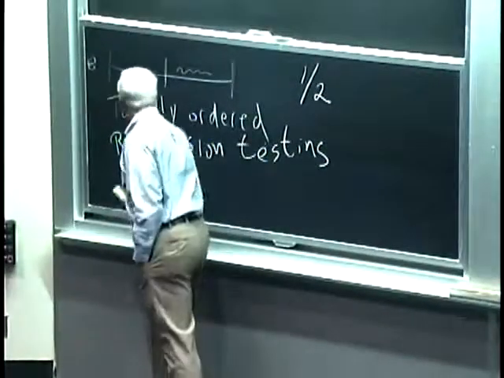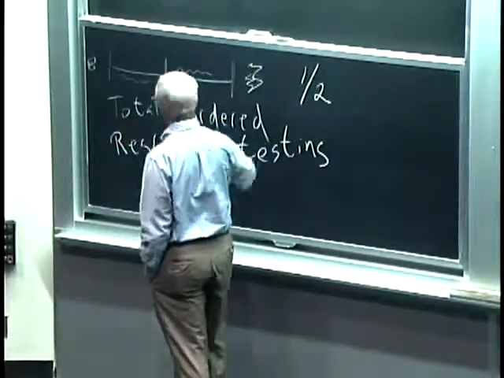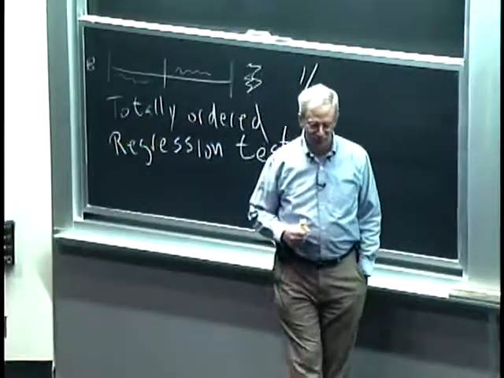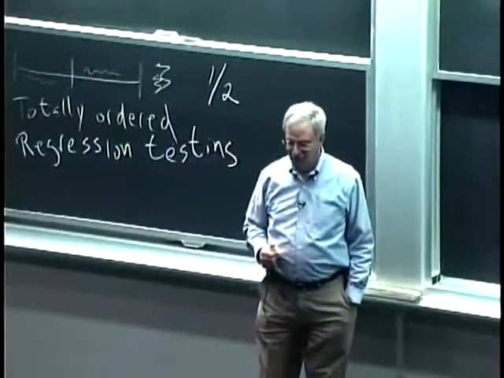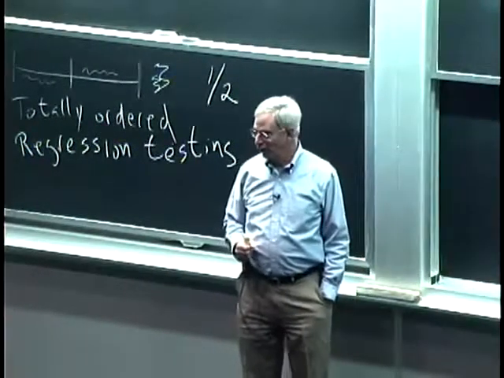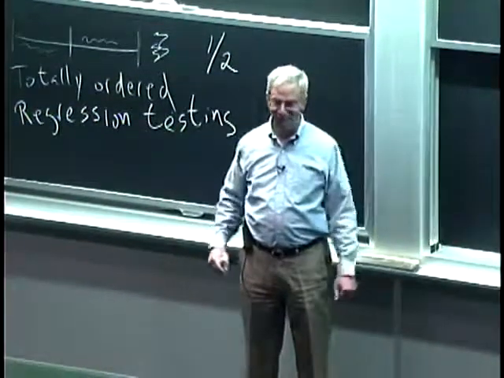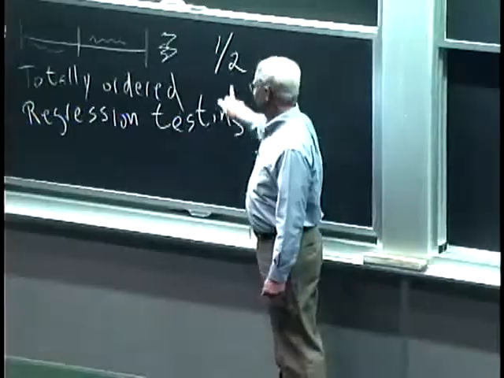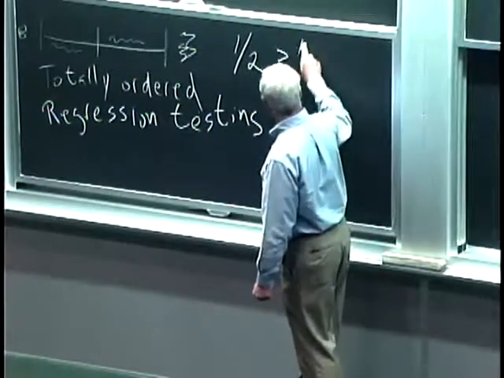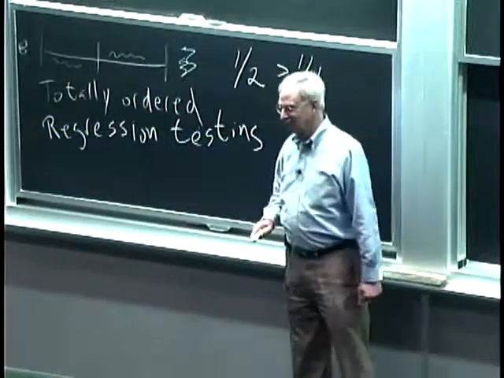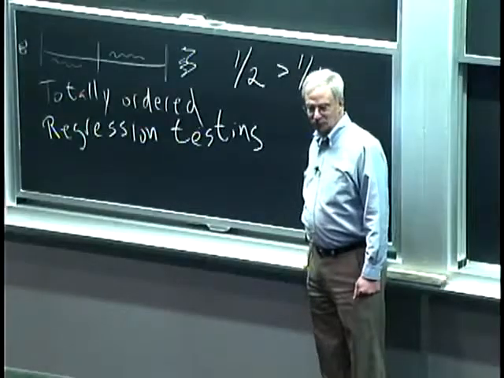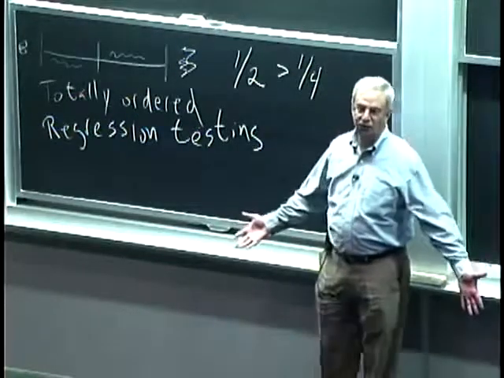It was over here. Because the square root of 1/4 is not smaller than 1/4, it's bigger than 1/4, right? 1/2 is strictly greater than 1/4. So it wasn't in the region.